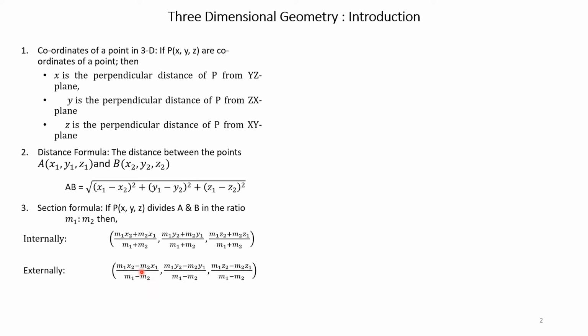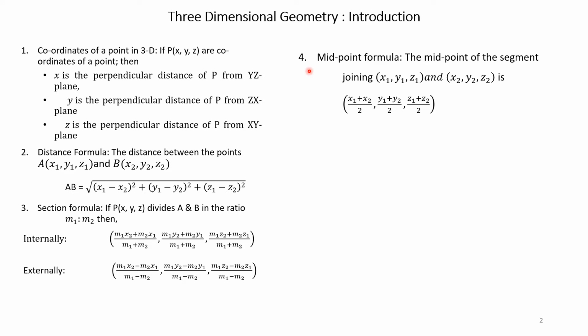So, the minus sign is there in the numerator as well as in the denominator. That was for the x coordinate, and for y it is (m1 y2 minus m2 y1) divided by (m1 minus m2), comma (m1 z2 minus m2 z1) divided by (m1 minus m2).